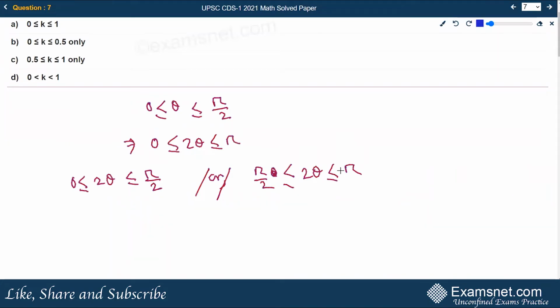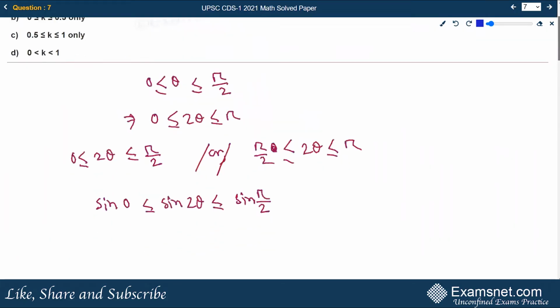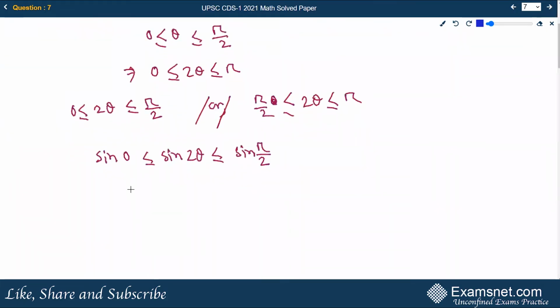Now taking sine here, it will be sine 0 less than equals to sine 2 theta less than equals to sine pi by 2. Now we know sine 0 gives us value 0, and sine 2 theta, there is a formula for sine 2 theta, that is 2 sine theta cos theta. And sine pi by 2 will give us value 1.